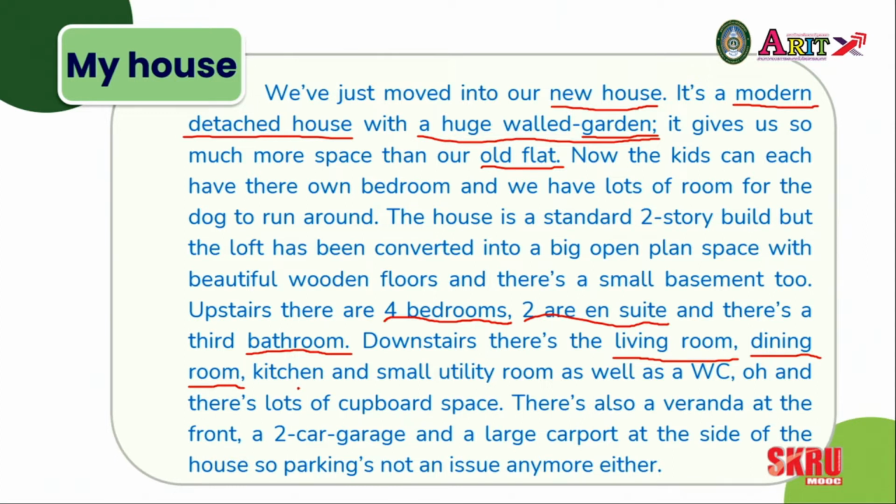A lot of times that might be part of a kitchen in your own home, or you just use the living room for that purpose. But this house has a separate dining room. We have a kitchen where we cook, and a small utility room. A utility room is just an extra space. Usually people use them for things like putting the washing machine, things like that.